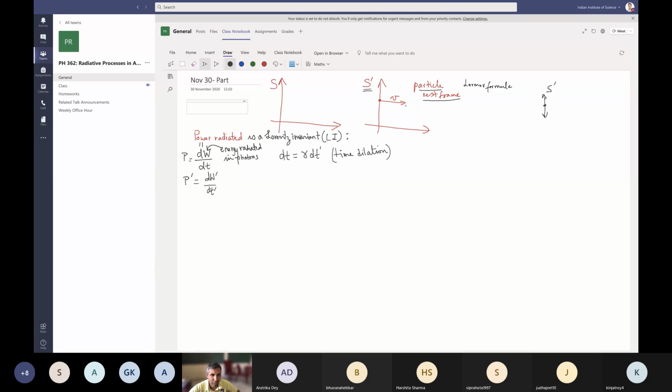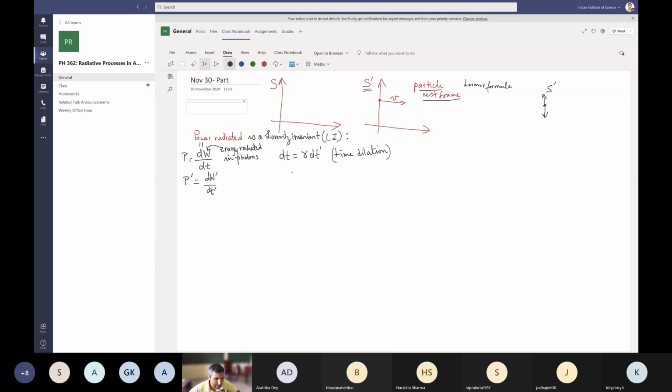Here the events are happening at the same location in frame S prime. For example, emission happening in S prime at this instant of time. The two events which are happening at the same location in S prime will be observed to have a longer time lag between them. We are calculating power, so this is the denominator for that expression.